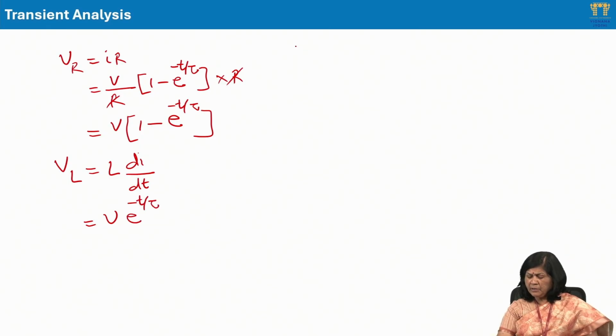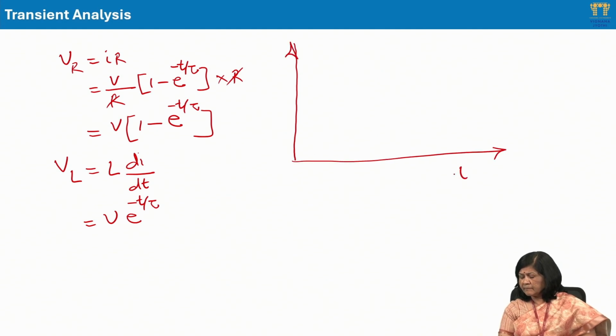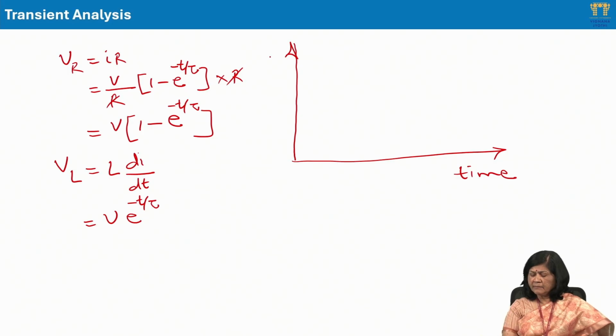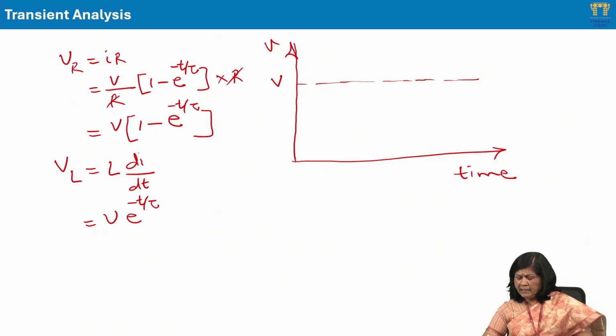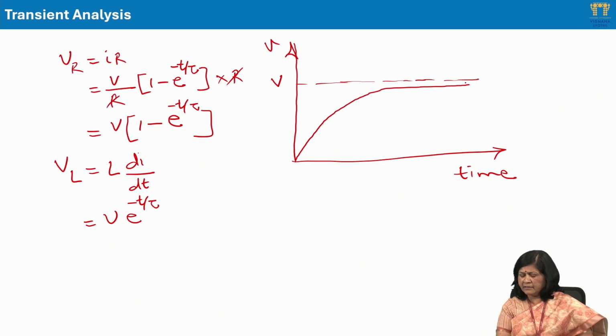So when you plot this, you see here, this is time, this is voltage response. You see that the voltage across resistance is following the current, same nature.